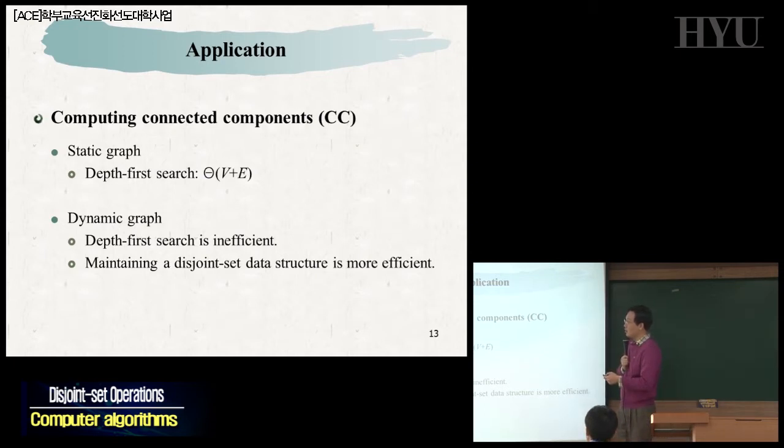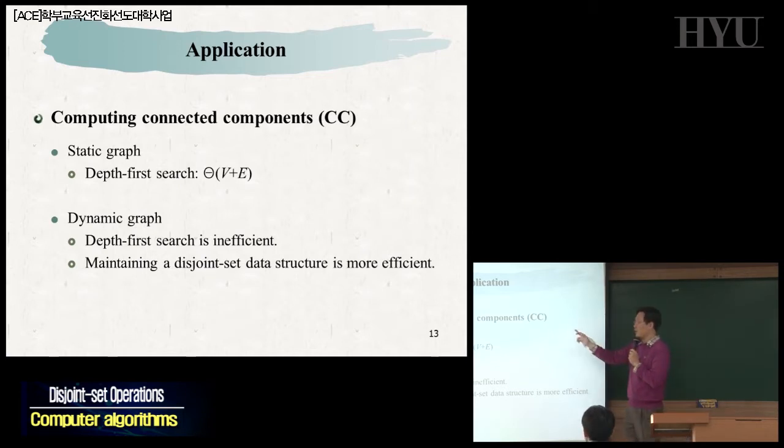A well-known application is computing connected components. First, let's consider a static graph. That is, the graph doesn't change. The number of vertices and edges are given in advance.